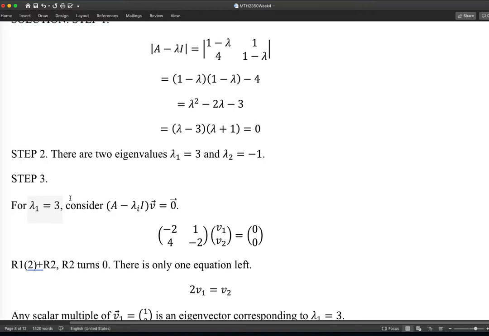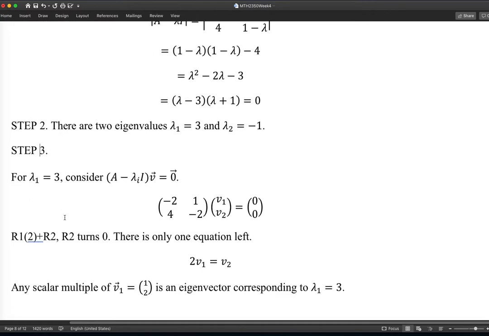So that is what I meant. You only need to find one eigenvector. In some cases for one eigenvalue, you may need to identify 2 different eigenvectors or even more. But for the example, we only consider one eigenvalue represented by one eigenvector.